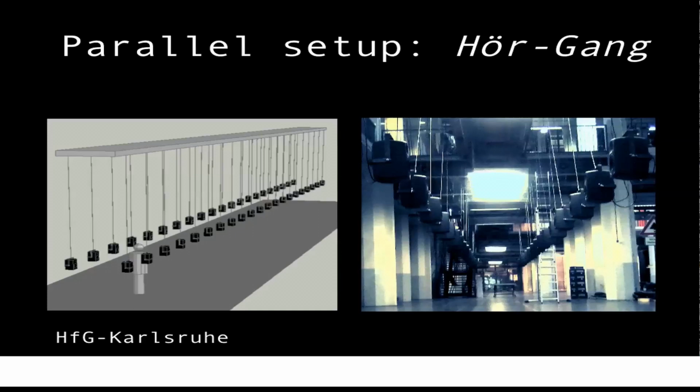A completely different setup was the Hörgang, a parallel setup where 2 lines of speakers, each speaker about a meter distant from the other, were hanging from the ceiling, and the audience was meant to walk through these 2 lines and receive the music and the sound pieces.